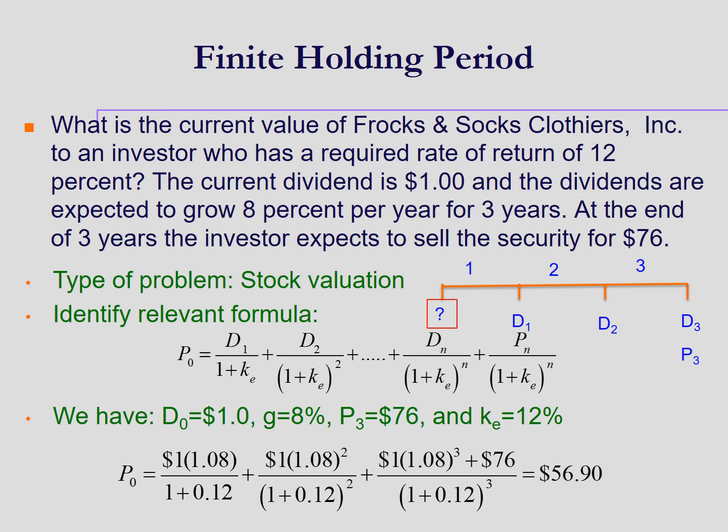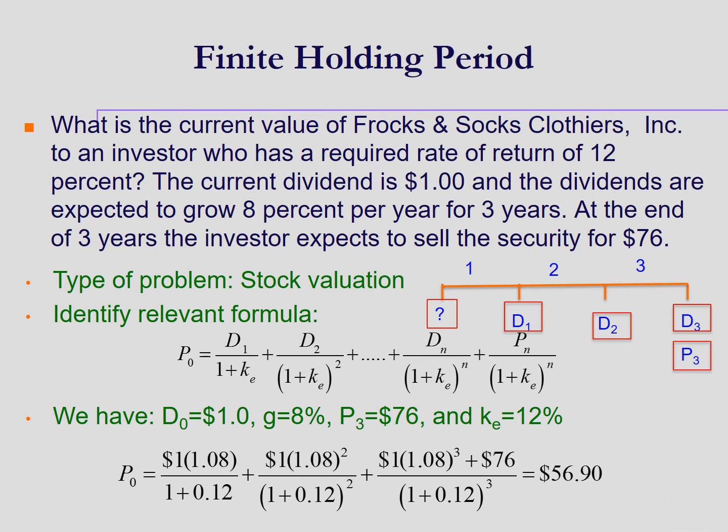If we draw the cash flow timeline, we find that the expected future cash flows for this problem are the expected dividend at the end of year 1, D1, the expected dividend at the end of year 2, D2, the expected dividend at the end of year 3, D3, and the share price at the end of year 3, P3.